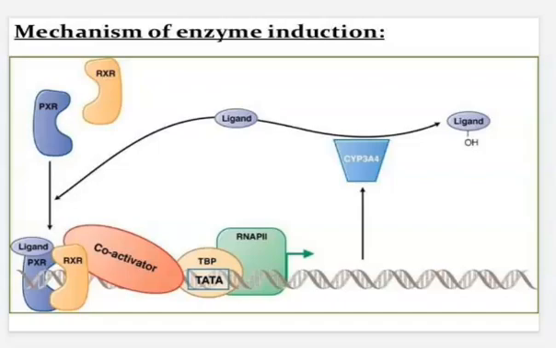The mechanism of enzyme induction. Here we discuss that a drug reacts with an enzyme and induces or enhances the expression of the enzyme process. The enzyme used here is cytochrome P3A4 for the enzyme induction process.